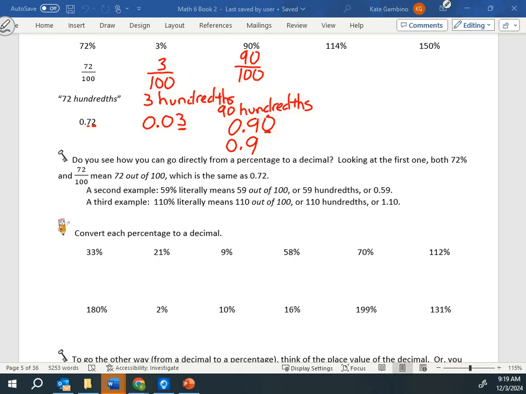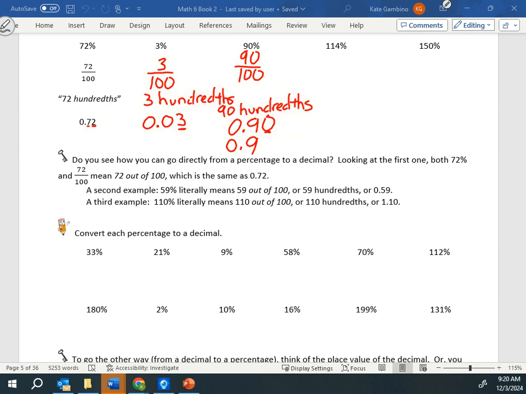A lot of us just like to say we always need something in that 100th place, so let's fill it in with that 0 so we remember that 100th place is the magic place to be at. That's okay. So I'm okay either way.